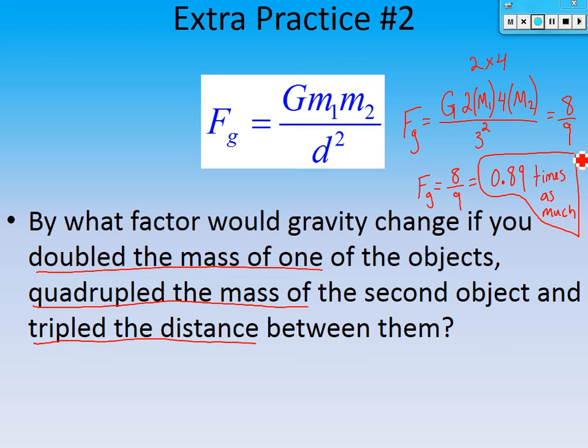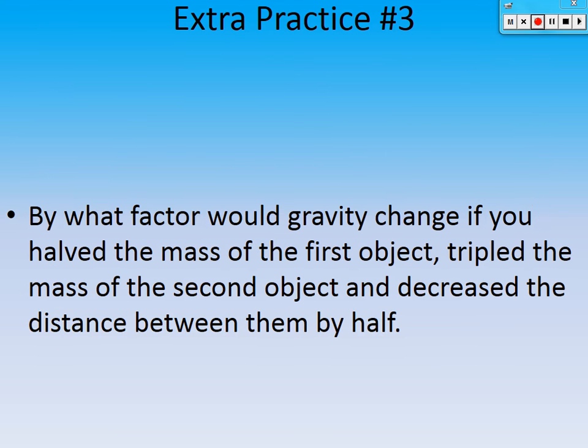And so, yeah, if it was 100 newtons before, so if this was 100, now if you doubled the mass and quadrupled the mass and tripled the distance between them, so now there's a lot more distance between them, you would take 100 and times it by 0.89, and now there would be 89 newtons of the force of gravity between them.